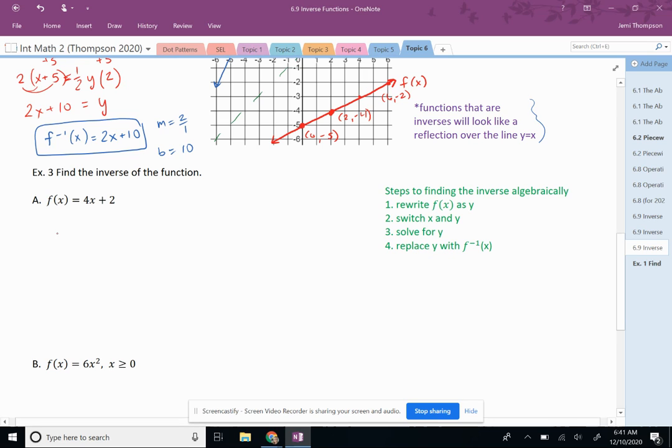So rewrite f of x as y. Okay, then switch x and y, solve for y, replace y with f inverse of x. We did this for a very similar problem in example 2, so I am going to request that you pause this and give this a chance. It's very similar to what we did in the problem just above, so go ahead and try to find the inverse on your own for example 3a.